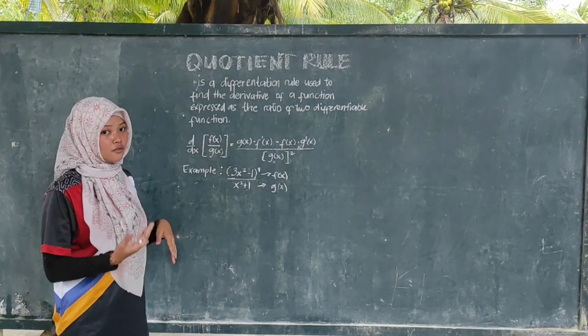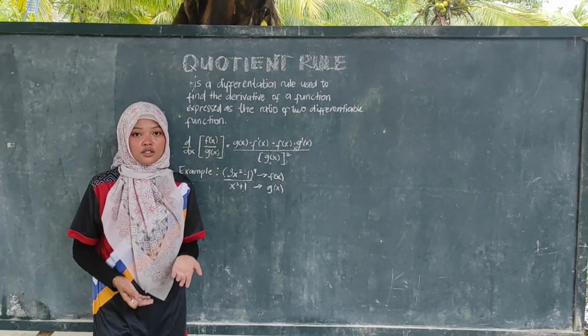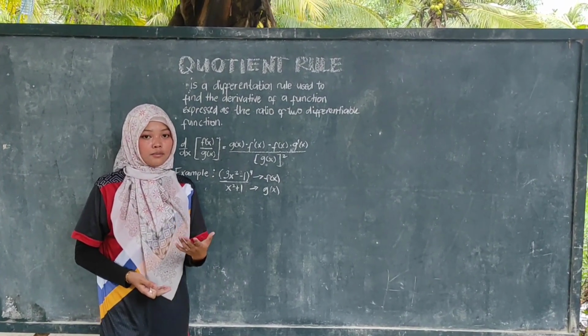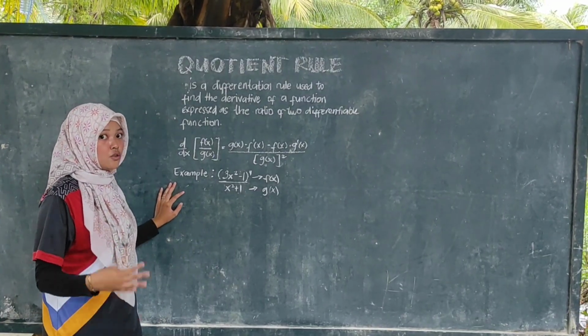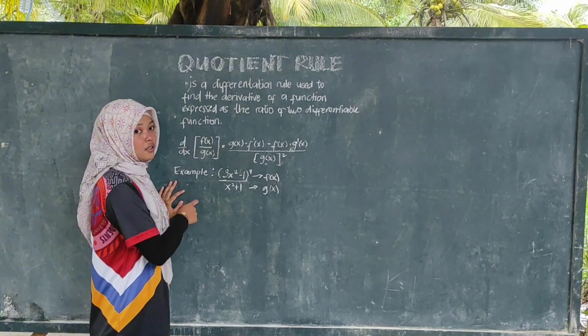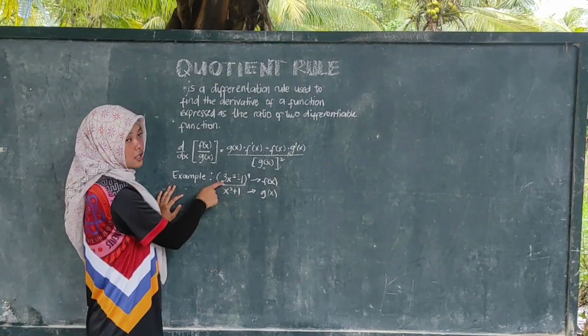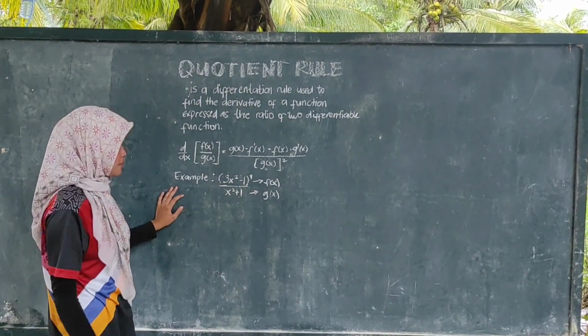So what is a composite function? A composite function is a function formed by substituting one function into another function. So now we will apply the chain rule in the numerator to get the derivative.